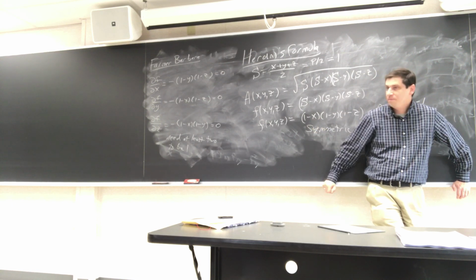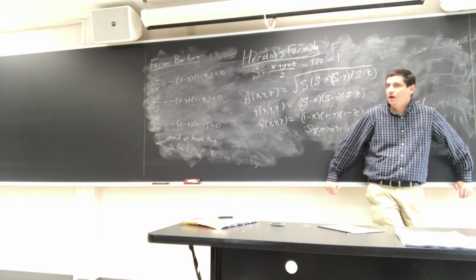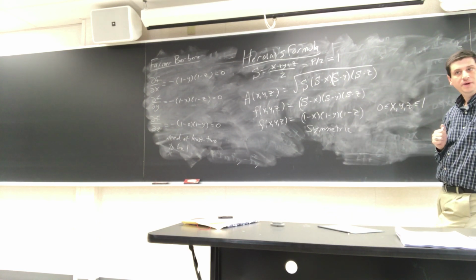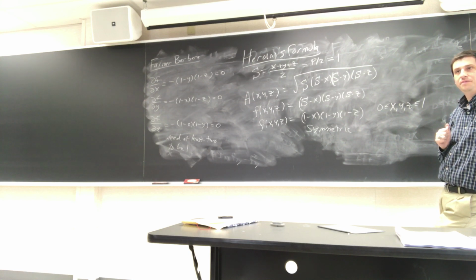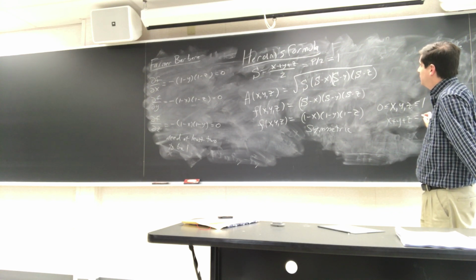It looks symmetric. Now, one of the problems, of course, is we have 0 less than or equal to x, y, z less than or equal to 1. But could they all be equal to 1? Or could even 2 of them be equal to 1? We still have the constraint x plus y plus z equals 2.